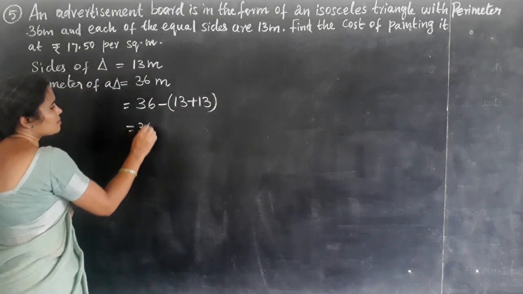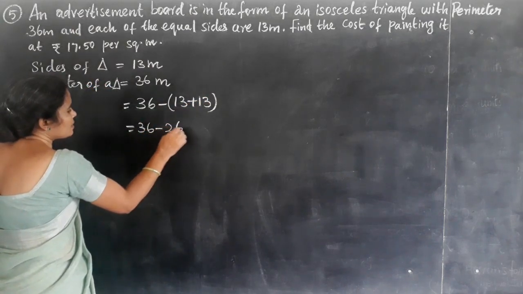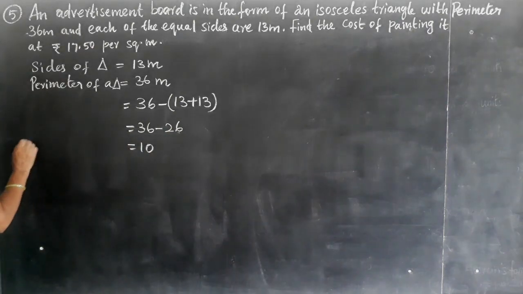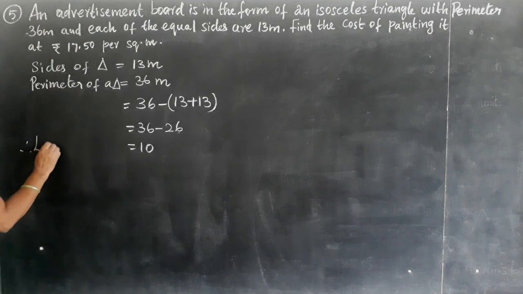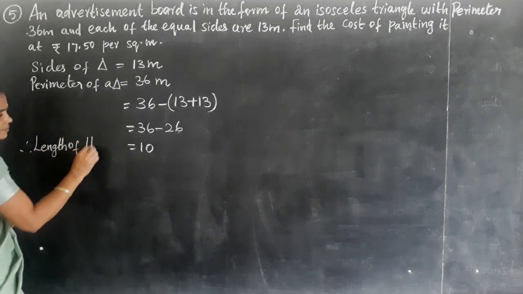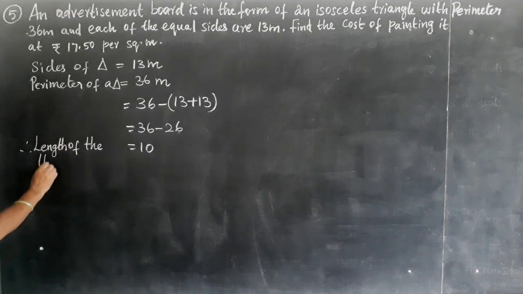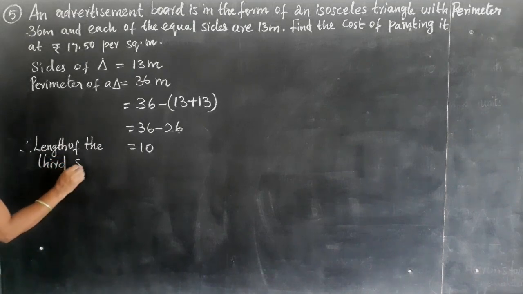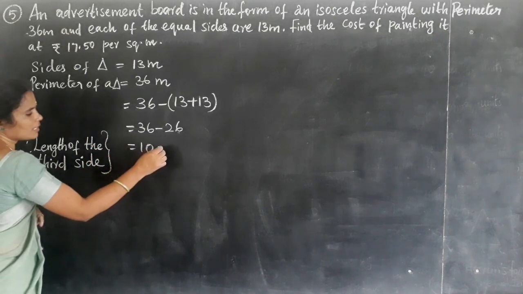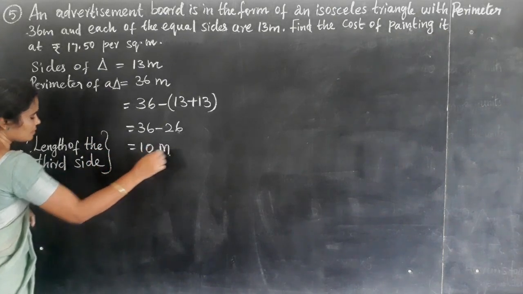So 36 minus 26 is equal to 10. Therefore, the length of the third side is equal to 10 meter.